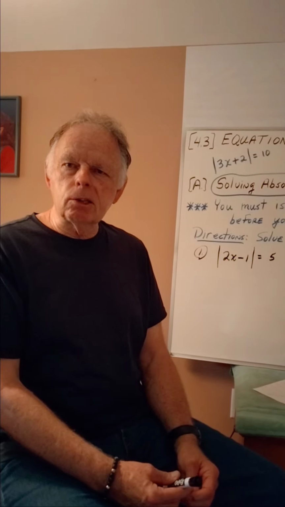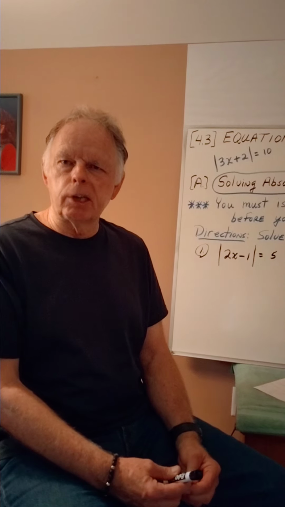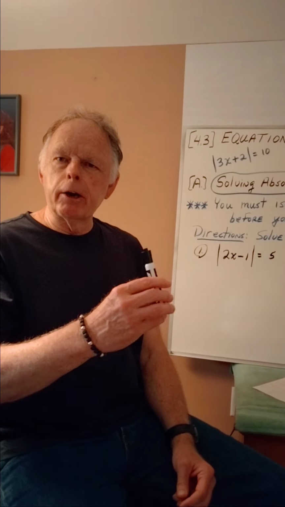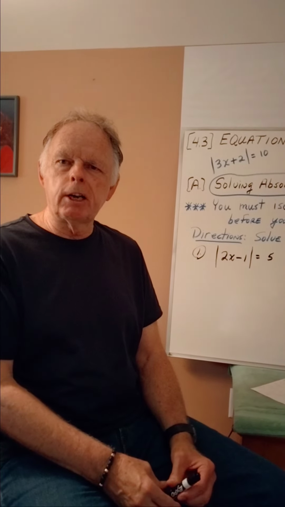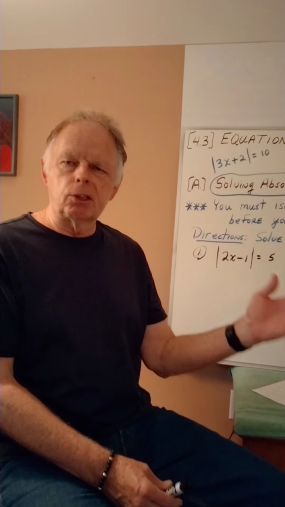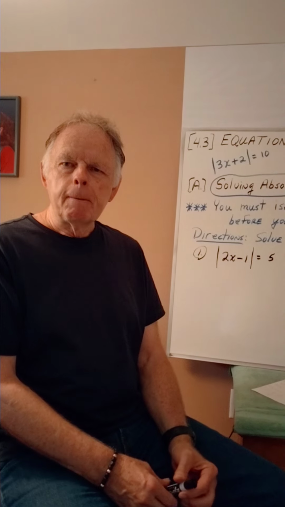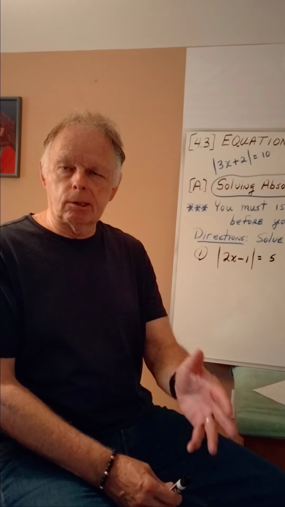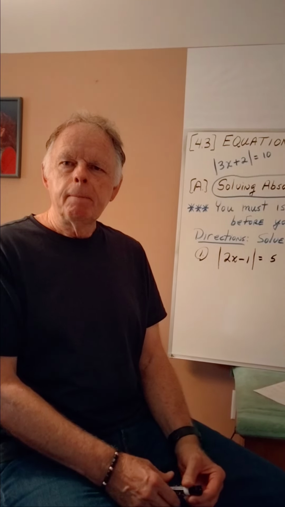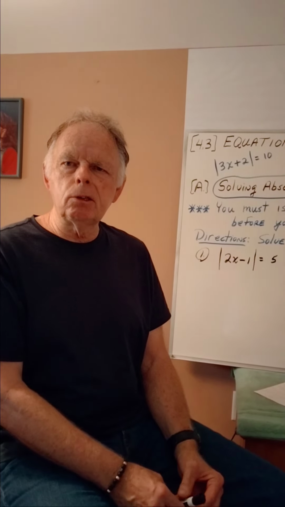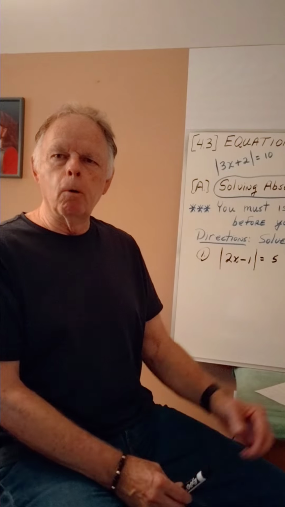It's a distance away from zero. It doesn't matter if it's on the positive side of the number line or on the negative side. It speaks to a distance. It doesn't speak to a sign of something. It speaks to a distance away from zero.